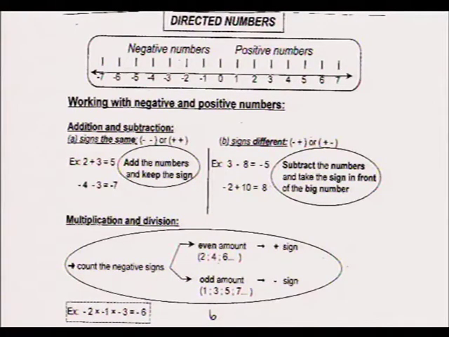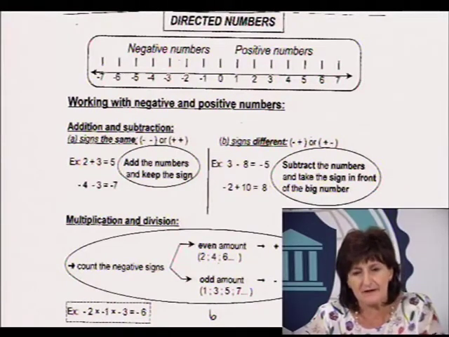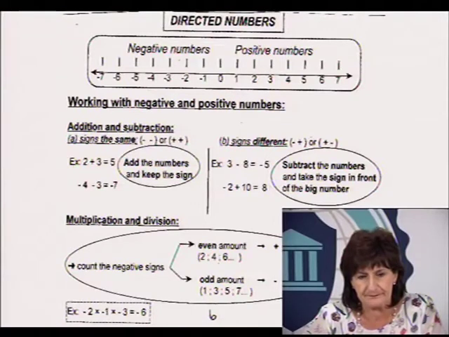If the signs are different, you subtract the numbers and take the sign in front of the biggest number. For example, 3 minus 8 will be equal to minus 5. And minus 2 plus 10 will give you 8. If you work it out on your calculator, you will find it's the same.